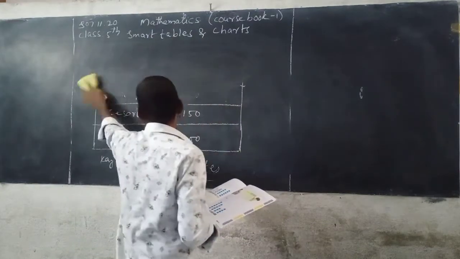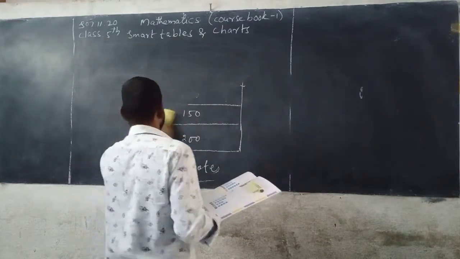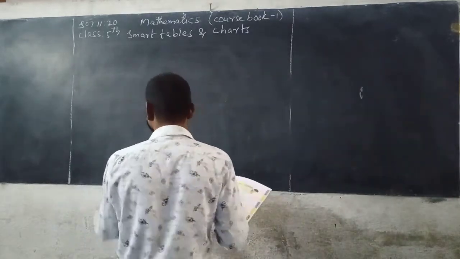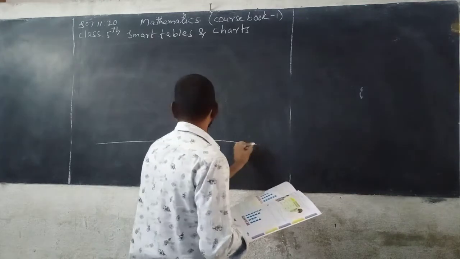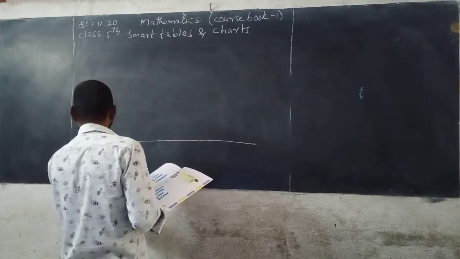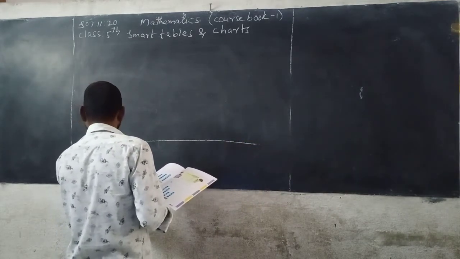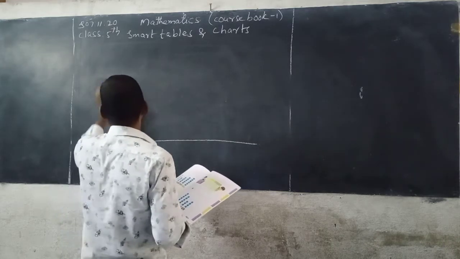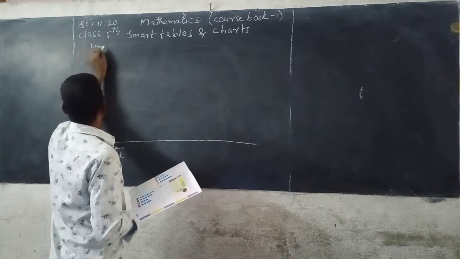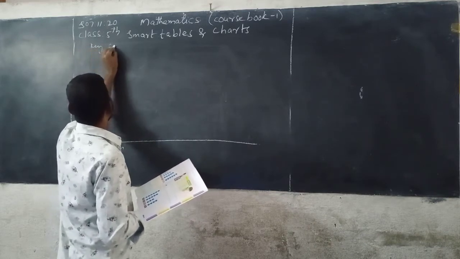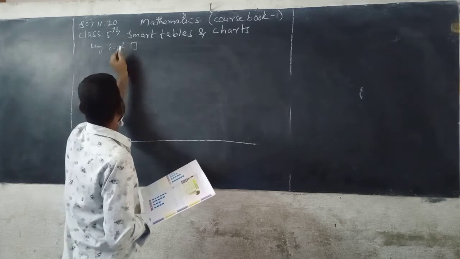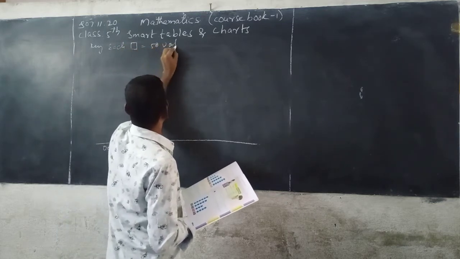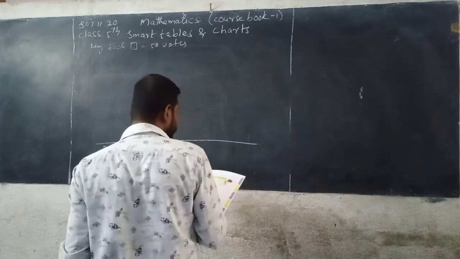See here. First one, Ocean Park. Here the key: each box is equal to 50 votes.